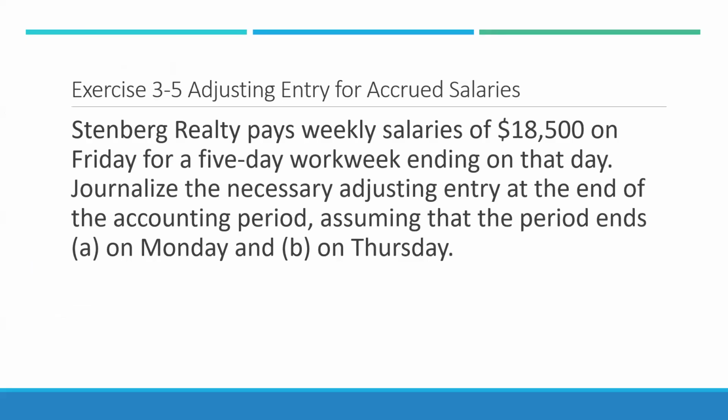How about this one, guys? Stenberg Realty pays weekly salaries of $18,500 on Friday for a 5-day work week, ending on Friday. Journalize the necessary adjusting entry at the end of the accounting period, assuming that the period ends on Monday or on Tuesday. So what's the first thing we do? If 18,500 are salaries for a week, wouldn't we figure out what salaries are for a day?